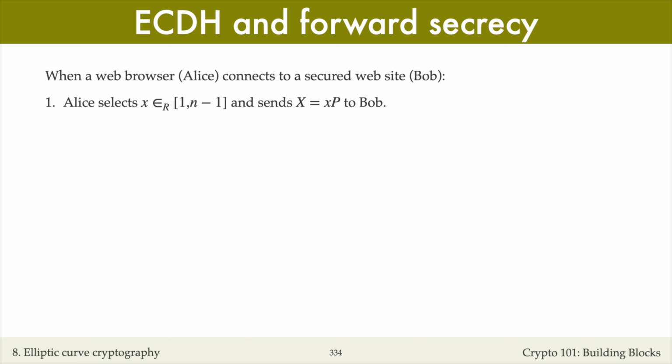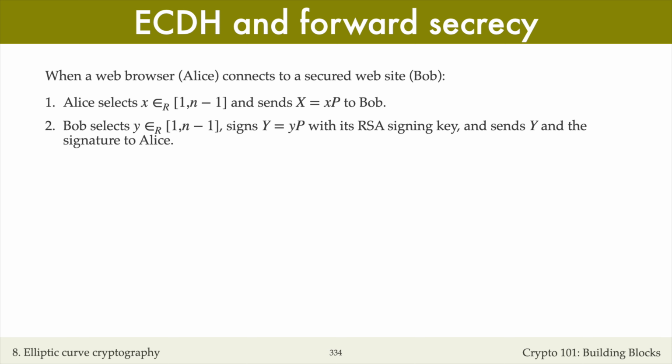Alice then selects a random integer x, computes the point X equals x times P, and sends X to Bob. Here, P is a fixed point on the P256 elliptic curve. Bob selects an integer y, computes the point Y equals y times P, and signs Y with his RSA signing key.